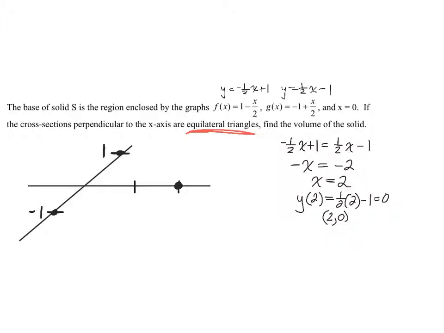All right, so I'm going to draw that triangular region. So there's a lot of triangular stuff going on in this. All right, so this is the base of that solid. I'll label x and y.